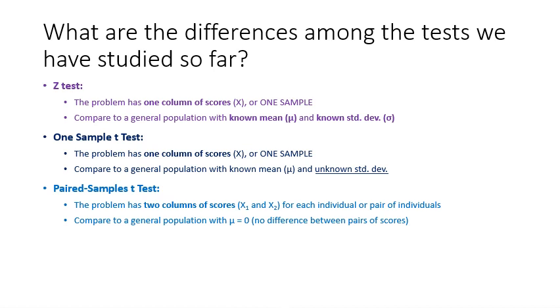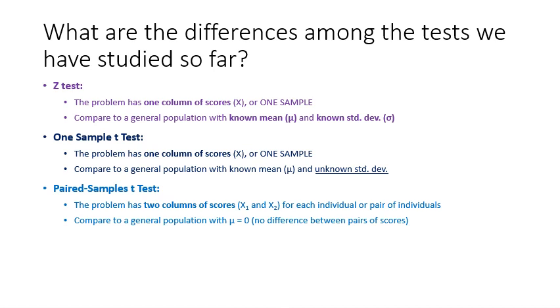And we compared the difference between those scores. We calculated the difference for each individual. We calculated a difference score, and we compared the mean difference score for the entire group to a general population that had a mean of 0, no difference between the pairs of scores. And we estimated the variance in the same way as we did for the one sample t-test.